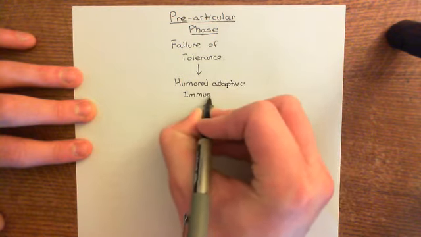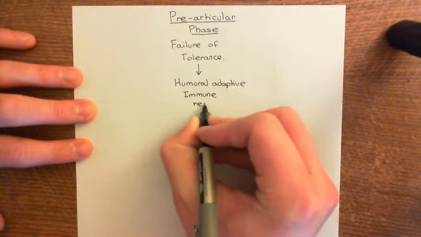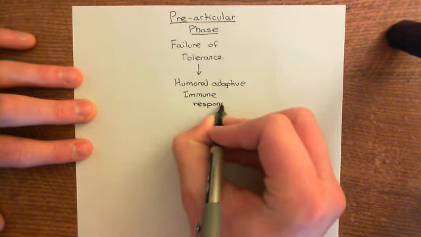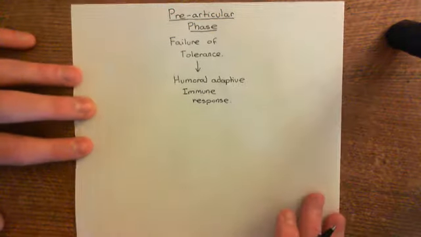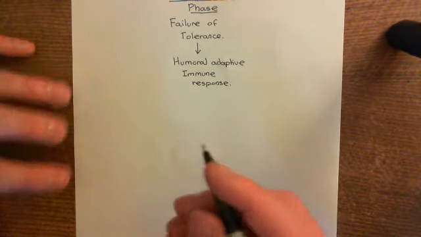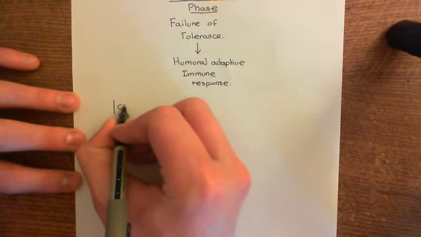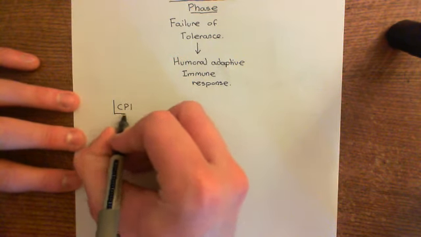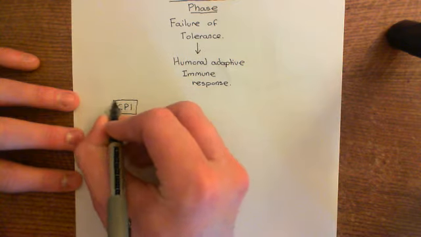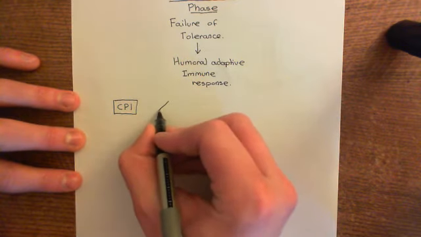And what does this overall result in the production of? Well, it results in the production of autoantibodies that are against all of these different citrullinated proteins. Okay, so let's say over here we have citrullinated protein 1, which could be any old protein. I'm just trying to illustrate the point in as clear a way as I can.